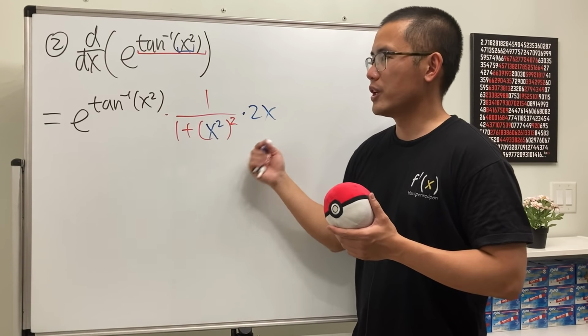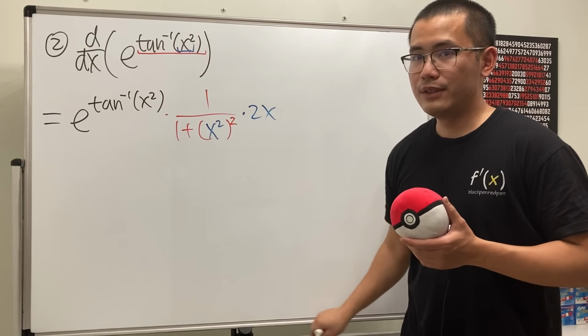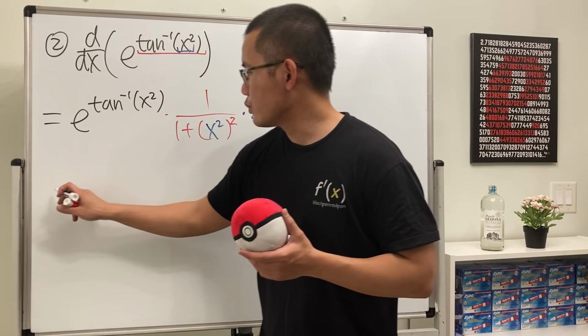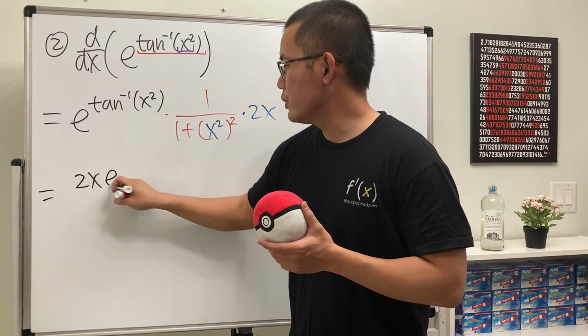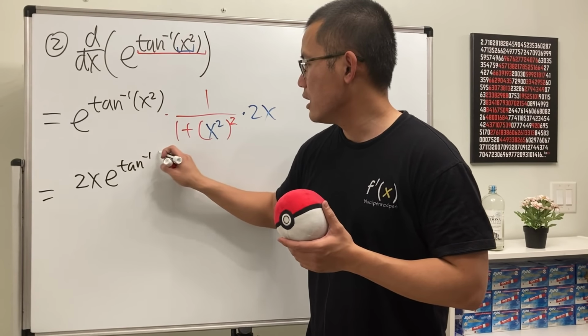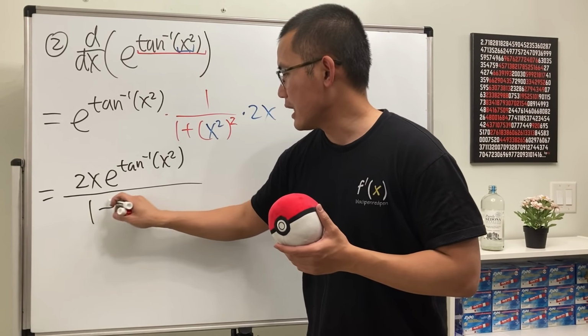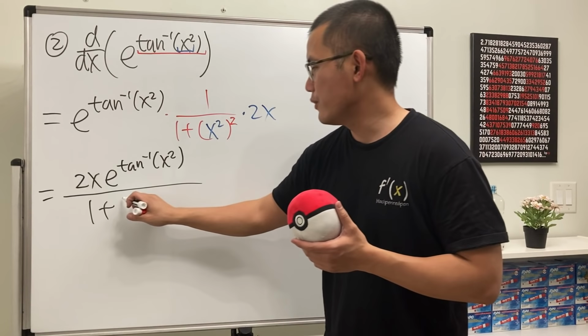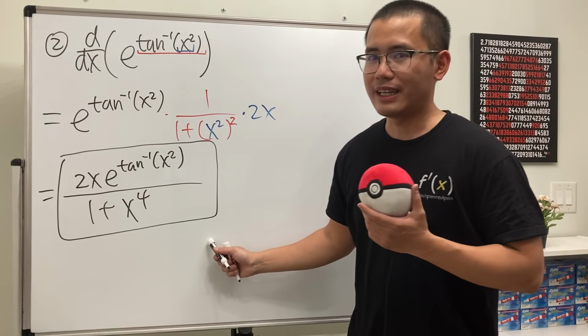So chain rule question. And lastly, we can just multiply everything together, and we will write this as 2x on the top, with that e to the inverse tangent of x squared, over 1 plus this to that power, which is just x to the fourth power. And with that, we are done.